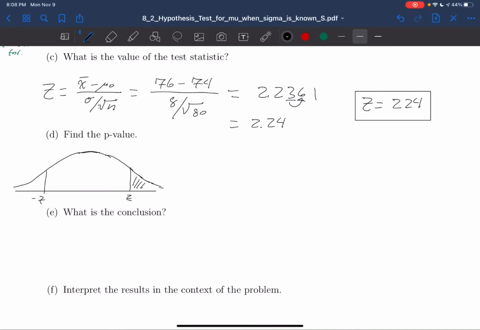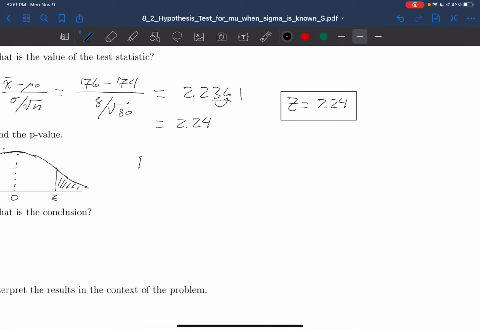We want to find the area to the left of the negative version of our test statistic, and the area to the right of the positive version, and take the sum of these areas. But the great thing about the standard normal curve, with mean 0, is that since it's symmetric, the area to the left of the negative z is exactly the same as the area to the right of this z value. So let's find the area here because it'll be a little bit easier.